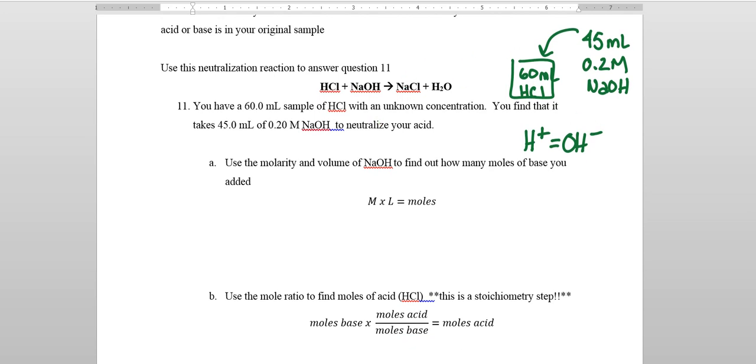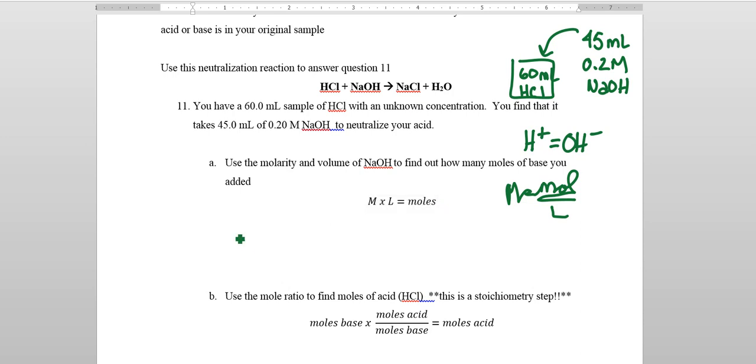Okay, so we'll come back to the idea. First we want to figure out how many moles of NaOH we added here. We know that molarity is moles per liter. We can rearrange that to say molarity times liters equals moles. So let's find our moles of base added to our solution.